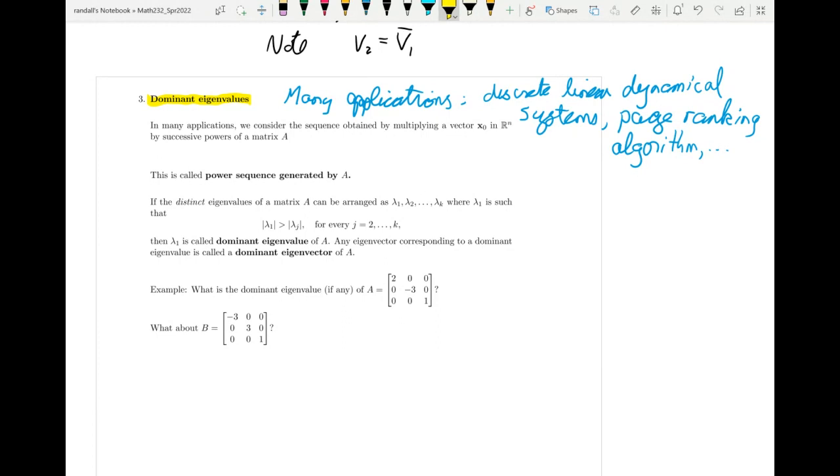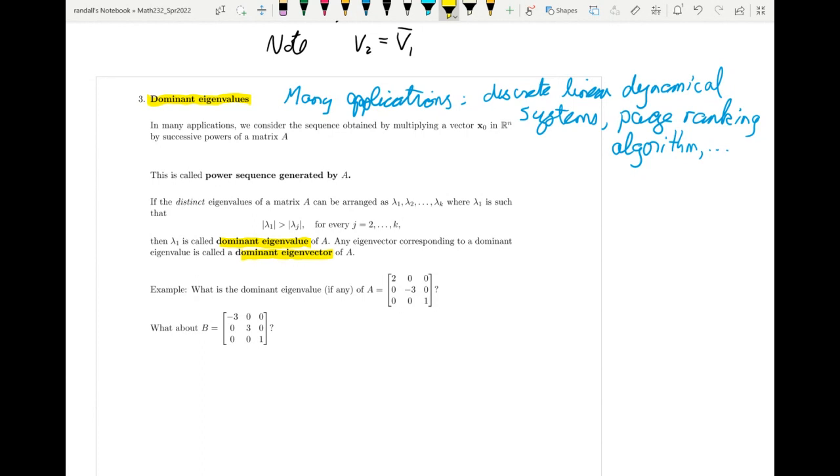So that's why this algorithm for computing it was created, and it's done by generating a sequence of vectors and numbers that are approximating the dominant eigenvalue and its dominant eigenvector. The dominant eigenvector is the eigenvector associated to the dominant eigenvalue.